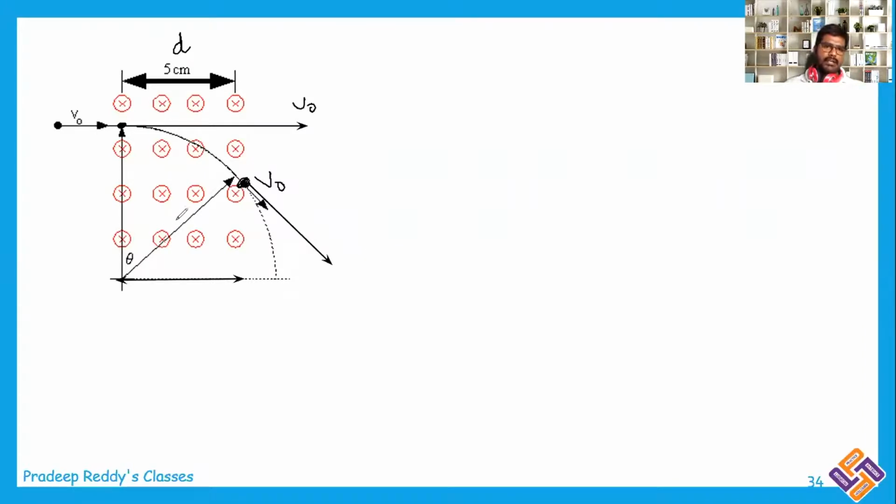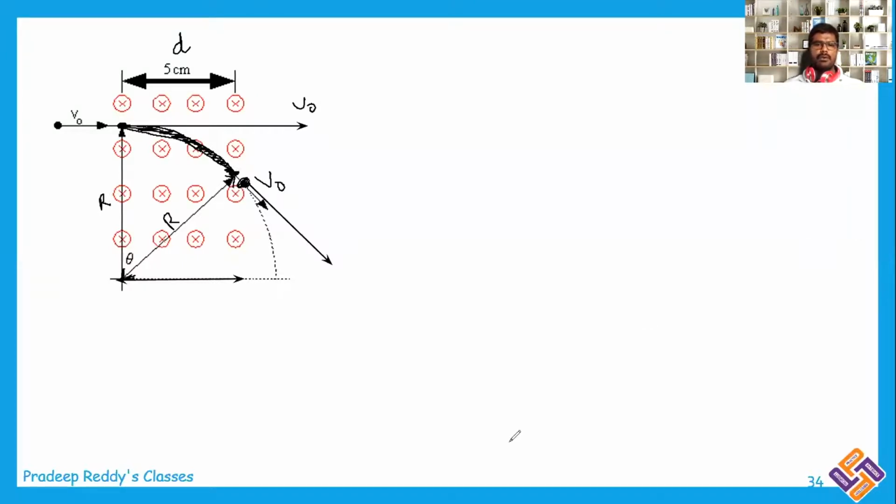R is the radius of curvature of the charged particle, and obviously this also becomes R. This is the length traveled, the length by which the charged particle has been deviated.